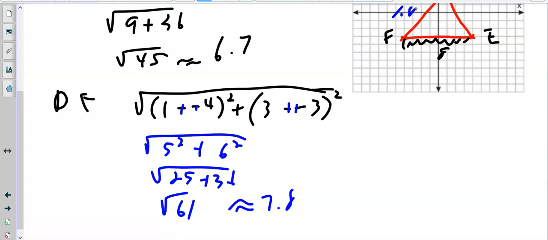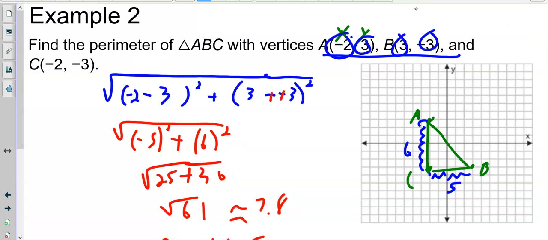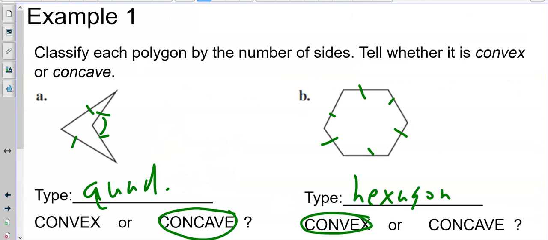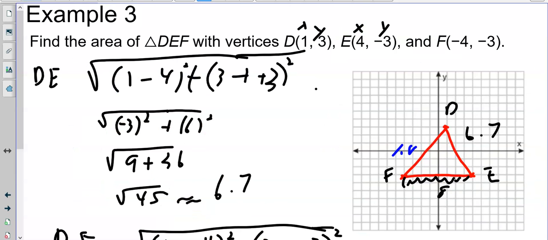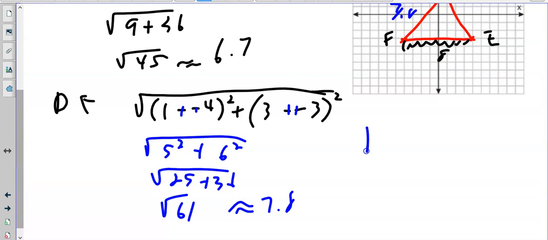So we're going to add 7.8 plus 6.7 plus 8. That's going to give me 22.5. So the perimeter is approximately 22.5.